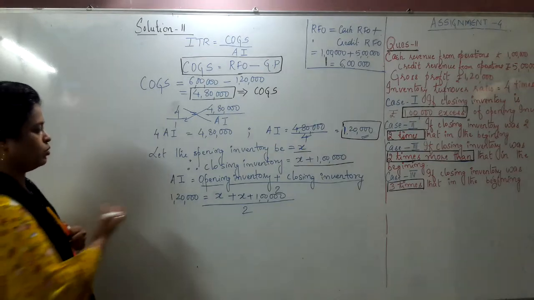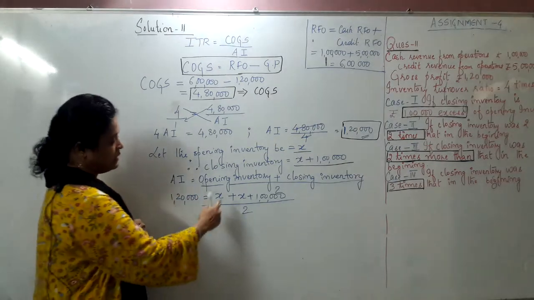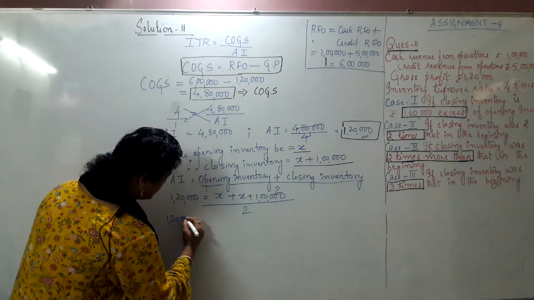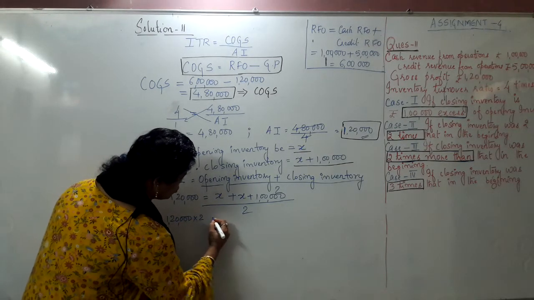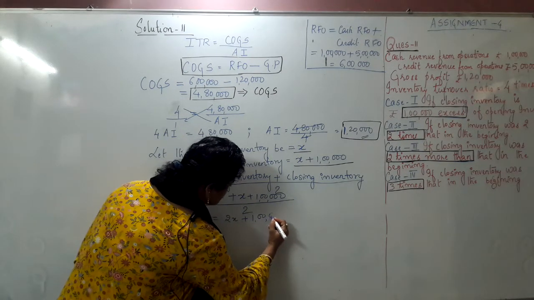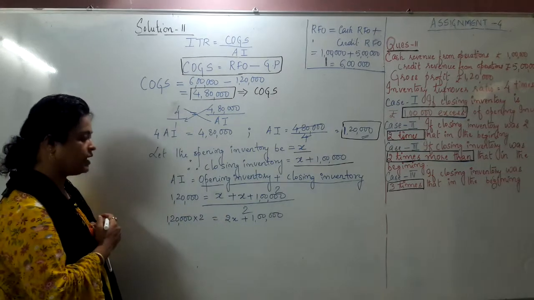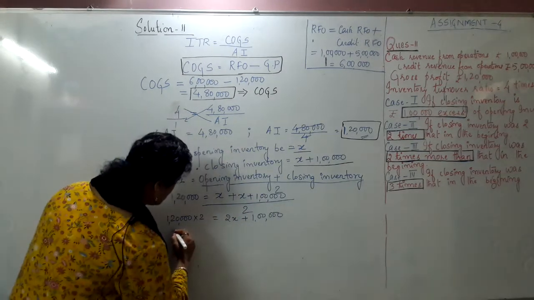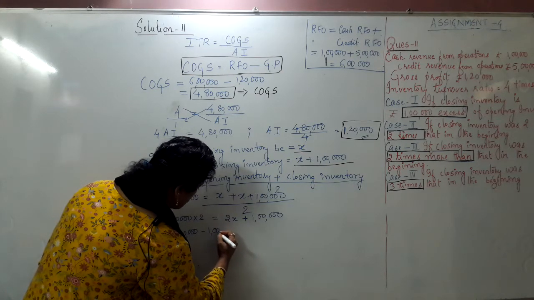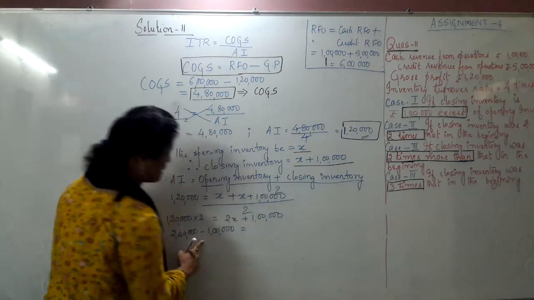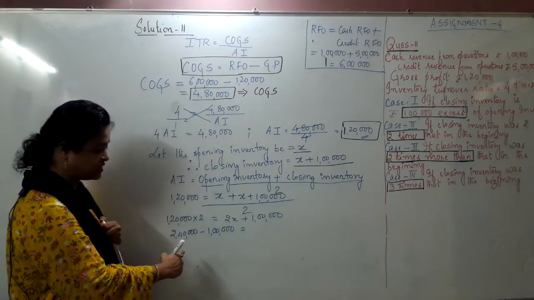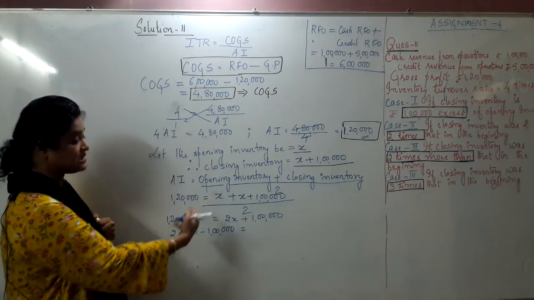Now the question is clear in front of you. Let's cross multiply this. Hence, we get an equation like this: 1,20,000 into 2 equals 2x plus 1 lakh. If we solve this, it will be 2,40,000 minus 1 lakh. Why minus 1 lakh over here? Because I have transposed this plus 1 lakh to the left hand side, and when it is transposed, the sign gets changed.